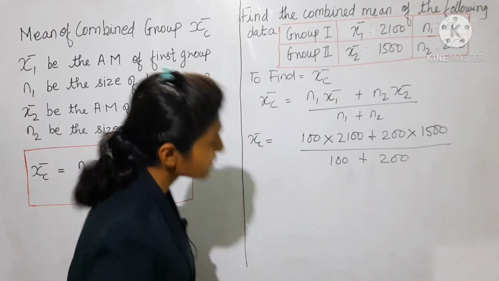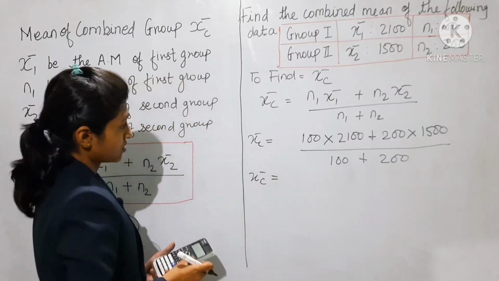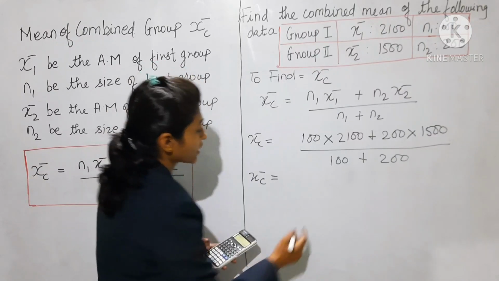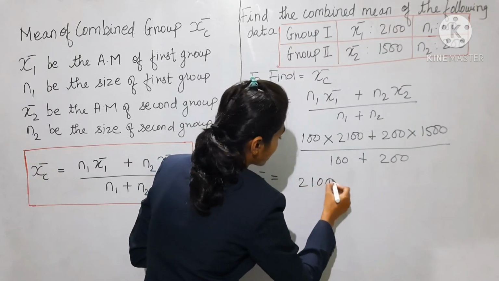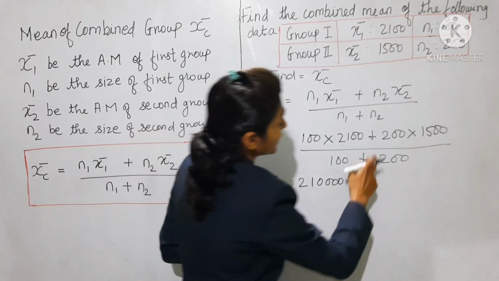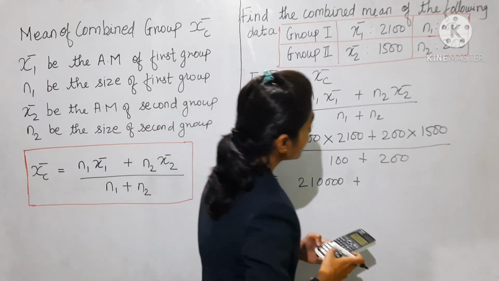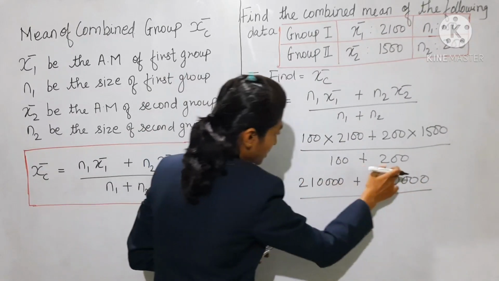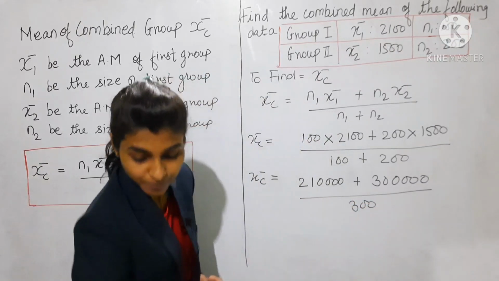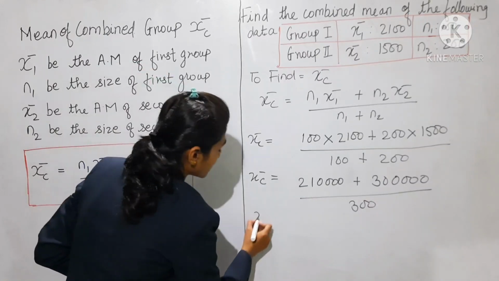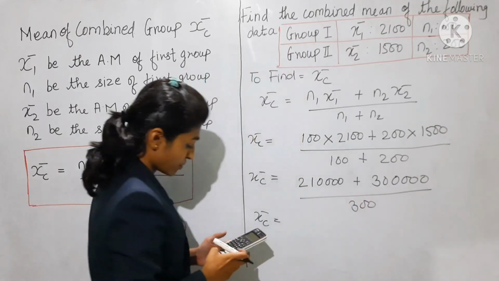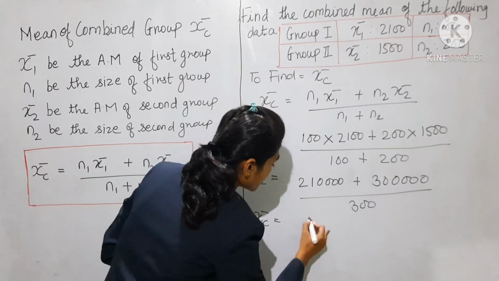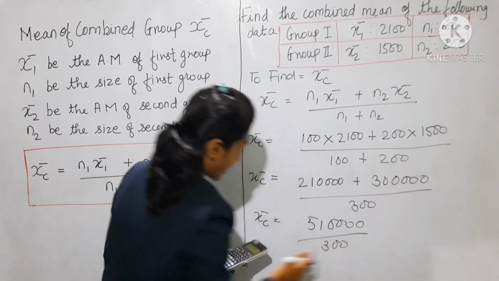Now multiply. Therefore x bar c is equal to 100 multiplied by 2100, which gives 210000, plus, the plus sign stays as it is, 200 multiplied by 1500, which gives 300000, divided by 100 plus 200, which is 300. Adding these two numbers, 210000 plus 300000, we get 510000, divided by 300.